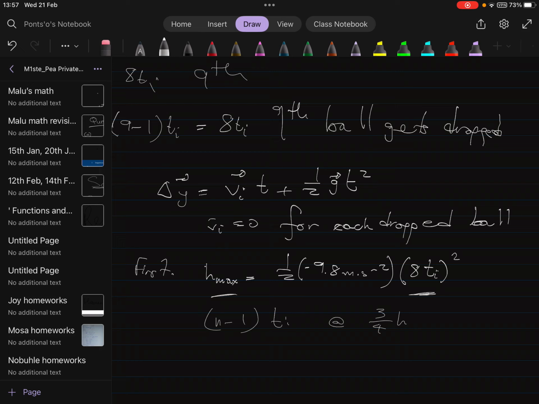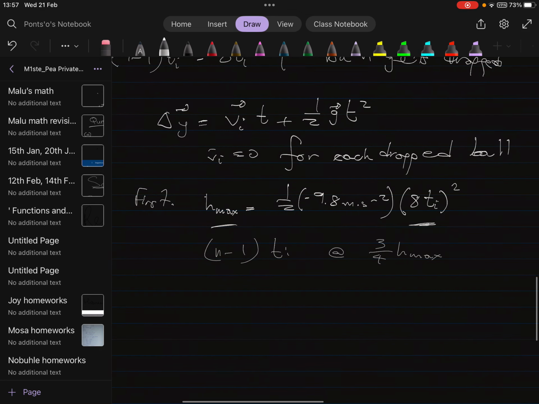And if it's at 3/4 of h max, then it will have fallen a distance of a quarter of h. Do you see why? No. So, okay, picture it this way.